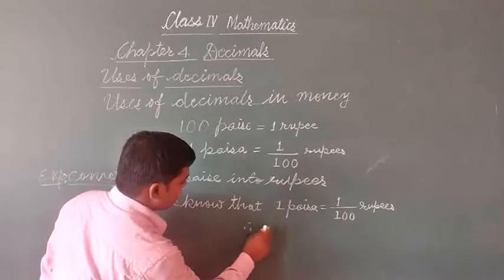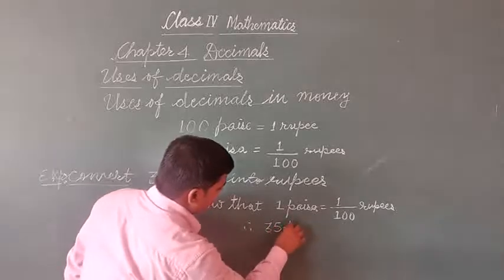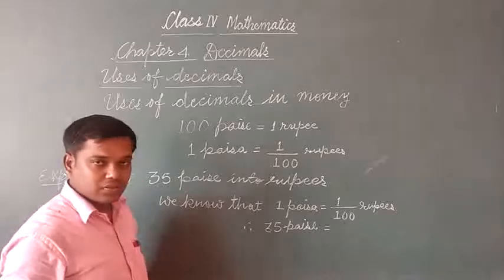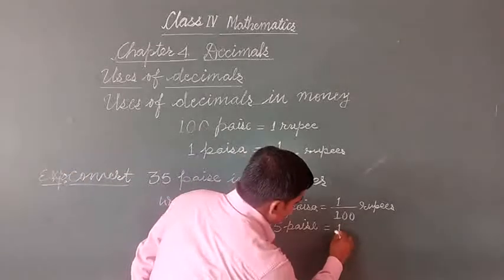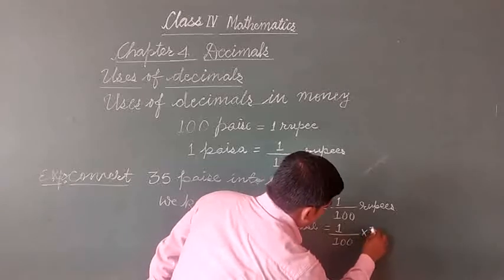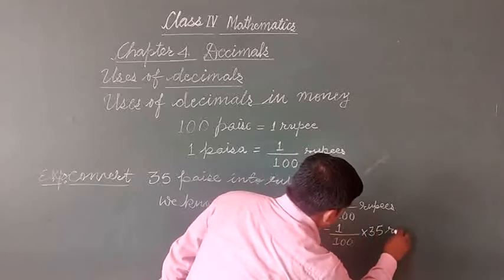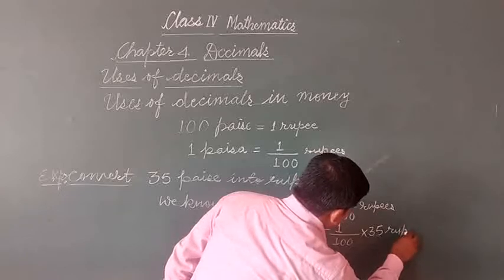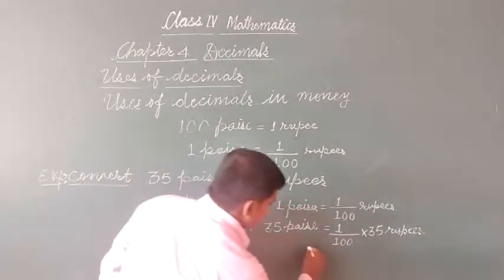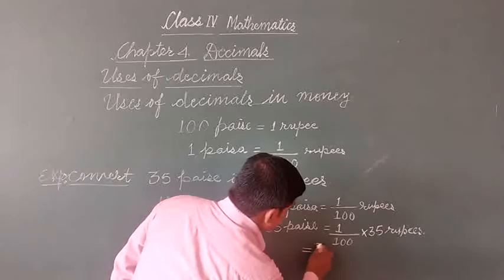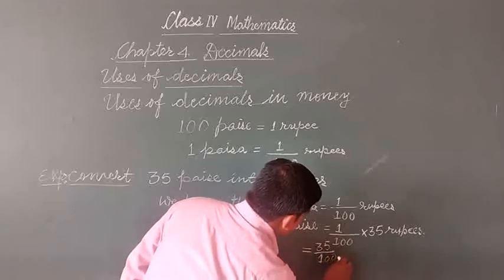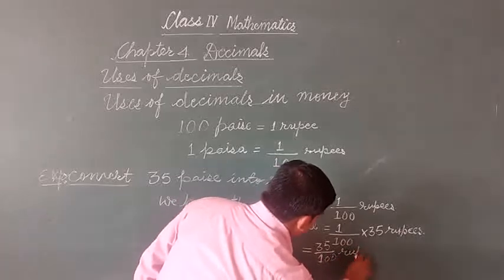Therefore, 35 paise is equal to 1 by 100 multiplied by 35 rupees. It can also be written as 35 by 100 rupees.